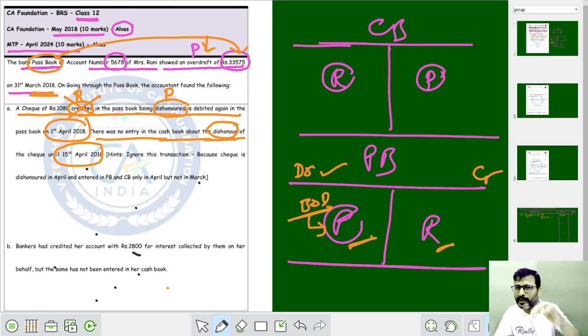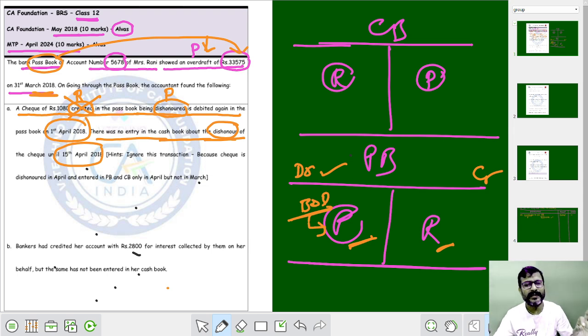Kids, come with a lot of concentration. The check was credited. After credit, what happened? It was dishonored. Dishonored means debited in the passbook. When was it debited in the passbook? In the next financial year, that is on April 1st. In the cash book also, the dishonor entry was made only after 15th. Until 15th not entered means after 15th April it is entered. So what do you mean by this? Dishonor is entered both in the passbook as well as in the cash book only after the financial year.